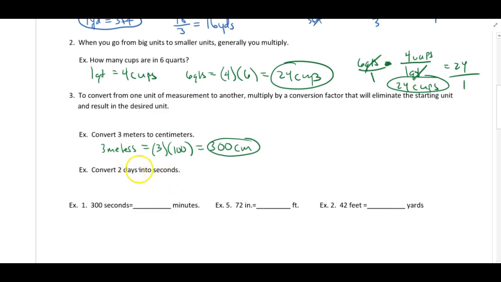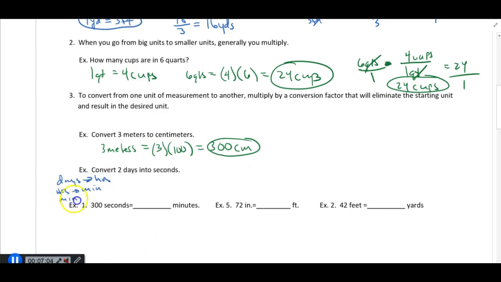But now if I convert days, so now when we go to convert 2 days into seconds, there's no direct way to go from days to seconds. So what we do is we create like a lineup, right? And we say, okay, what can I convert days into very easily? So right away I know I can go from days to hours. Then I know I can go hours to minutes.